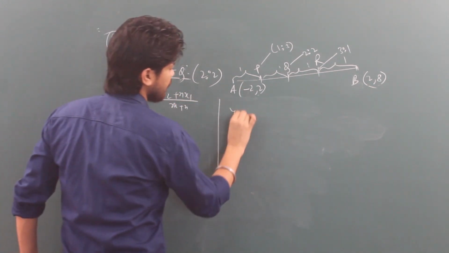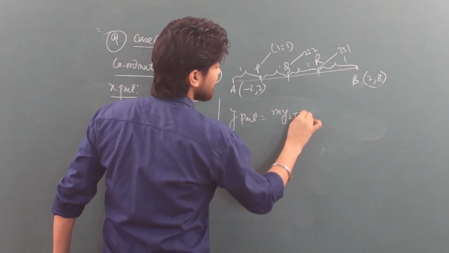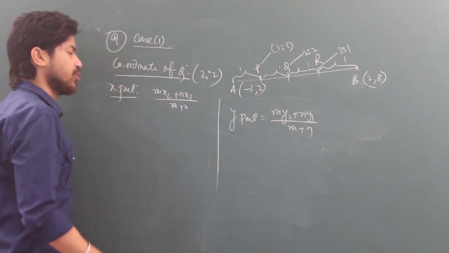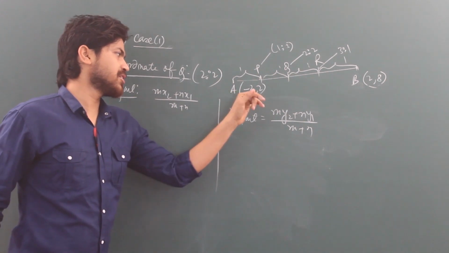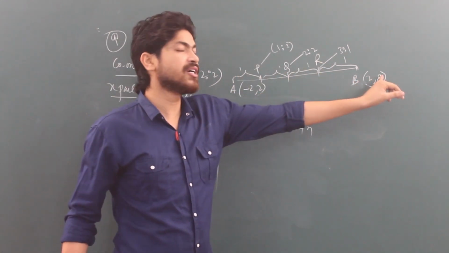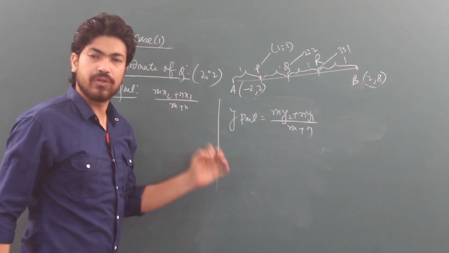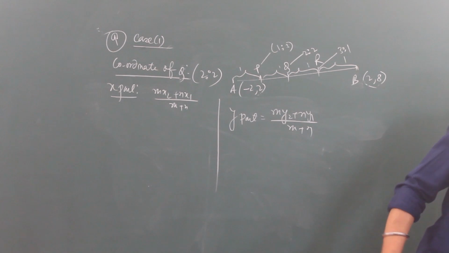Then for the y part, the formula is my2 plus ny1 divided by m plus n. What is m here? 2, n is 2. This is x1, this is y1, this is x2, this is y2. Then you have to find point R. So you have to do this problem as homework.